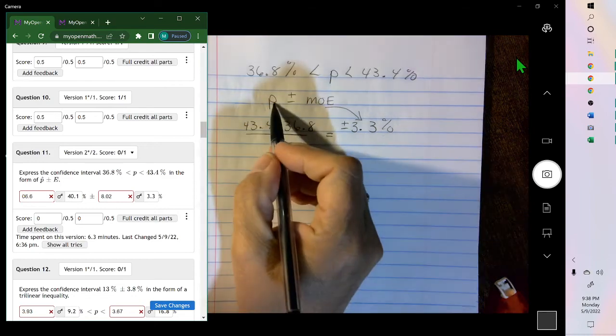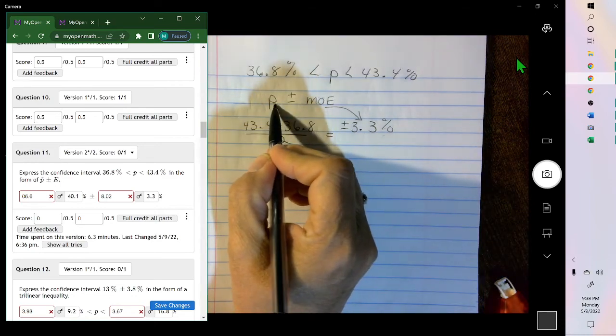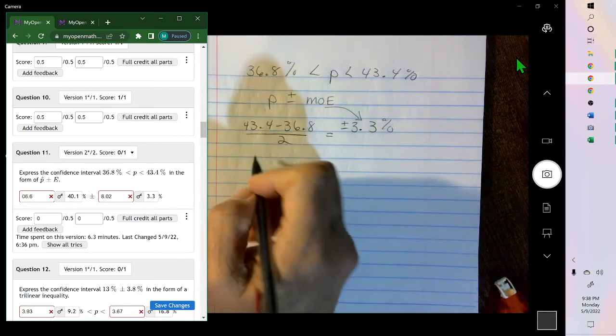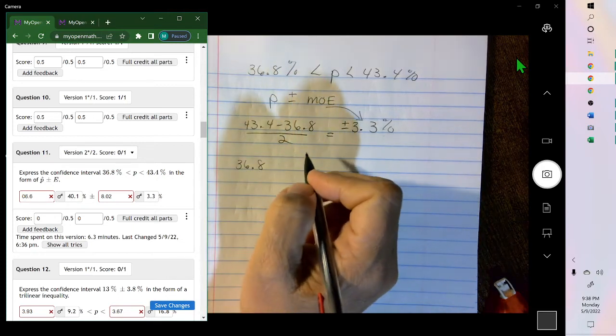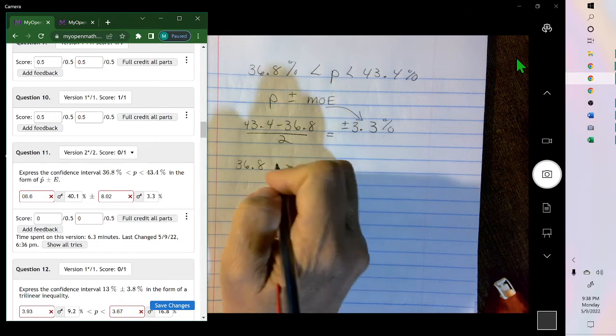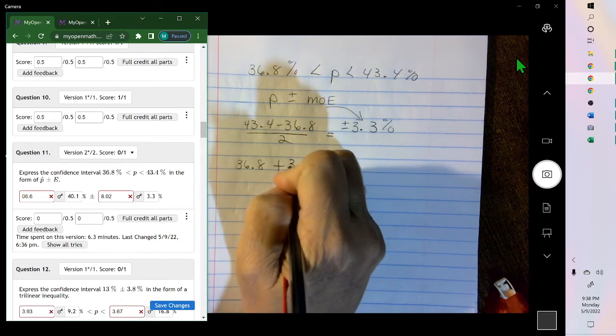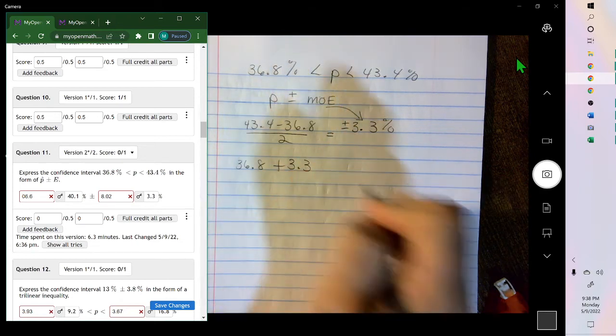Now to find this value, you take your smaller one and add the 3.3.